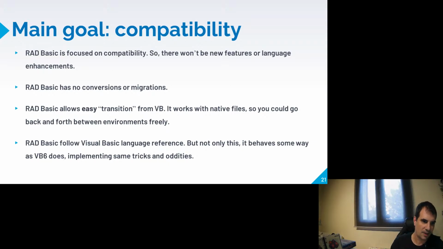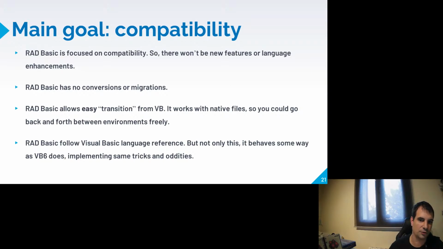So the first version of RAD Basic is focused on compatibility. There won't be new features or language enhancements yet because we don't want to be distracted from the main goal, that is compatibility. But it is not an announcement that Visual Basic.NET is dead. It is only the first version.